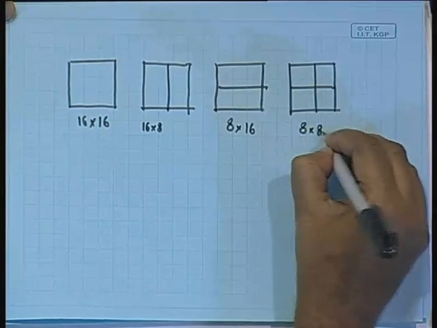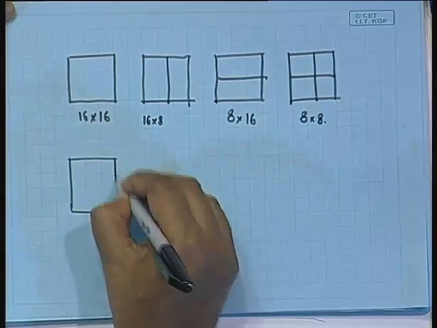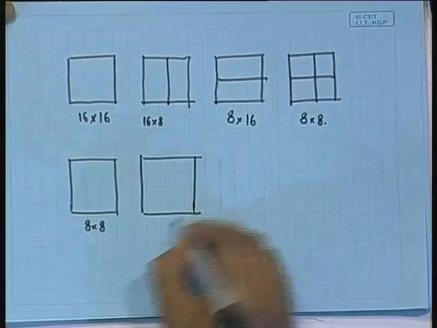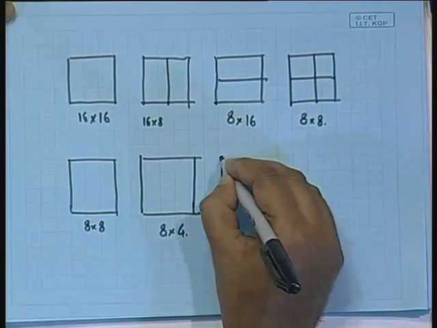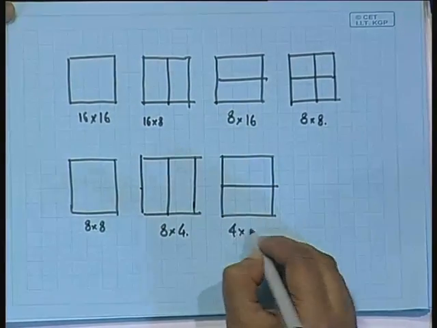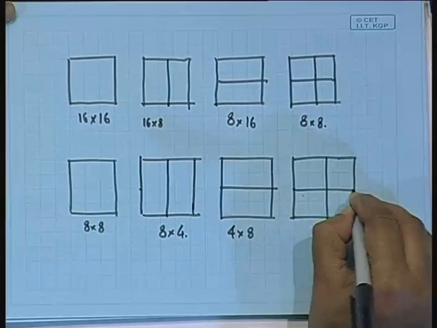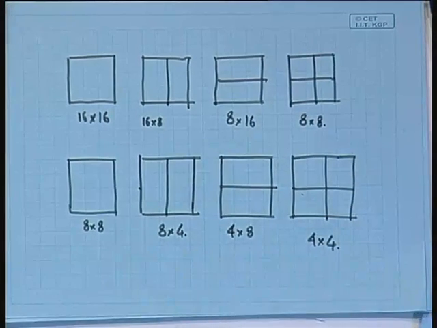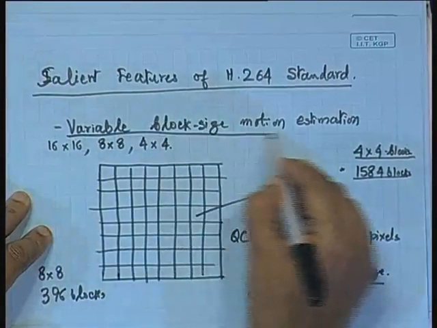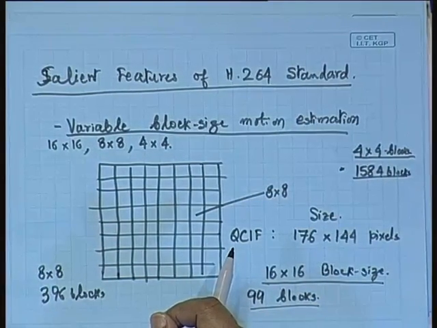And similarly, every 8 by 8 block can be partitioned into 2 8 by 4 blocks, or 2 4 by 8 blocks, or 4 4 by 4 blocks. So, this is the variable block size motion estimation. This is one advantageous feature which was not there in the earlier versions of the standards, it is there in H.264.